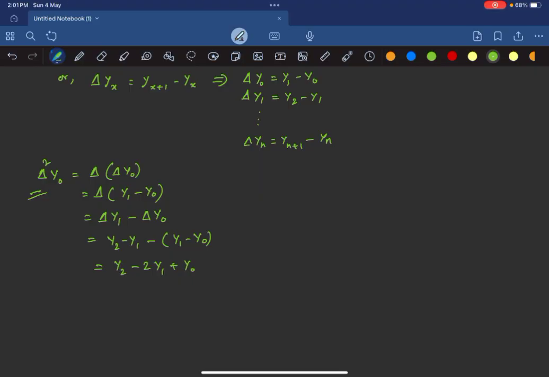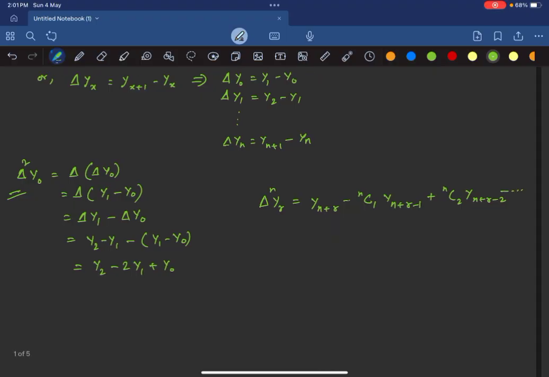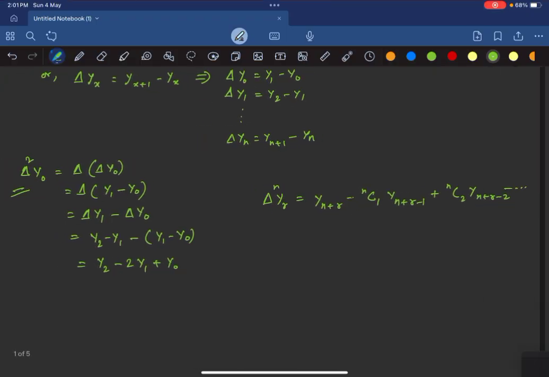Likewise, there is a generalized formula: delta^n y_r is given by y(n+r) minus nC1 y(n+r-1) plus nC2 y(n+r-2), and so on it will proceed, up to plus minus (-1)^n y_r.